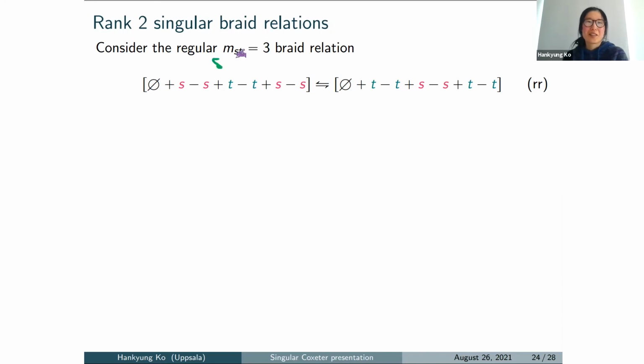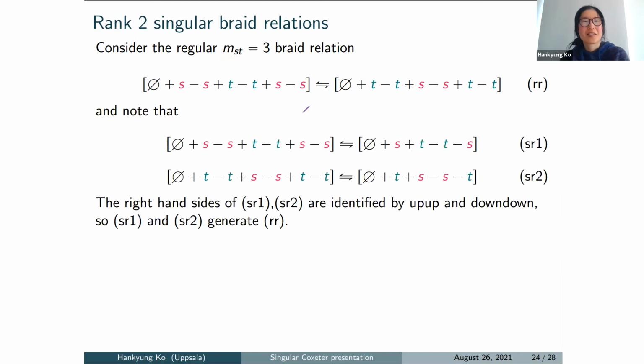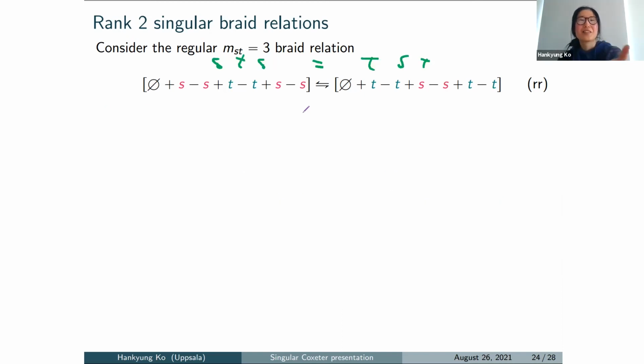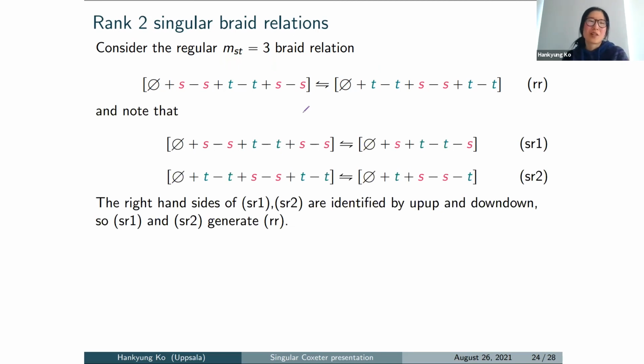Originally it was SDS equal to TST. And if you write it in our singular notation, this is S minus S T plus T minus T and so on. So we want to get this relation from some set of other relations. I mean, we can also take this as a generating relation, but maybe we can do better.